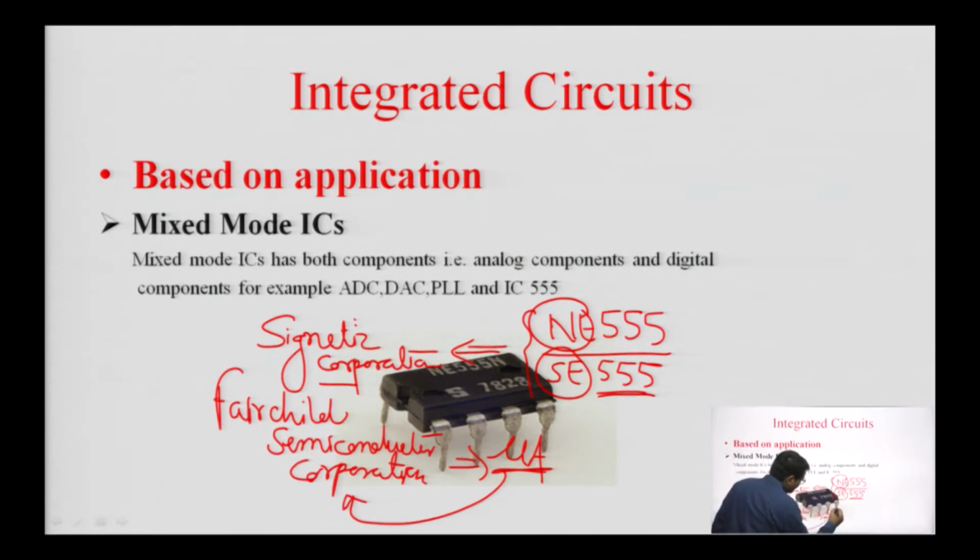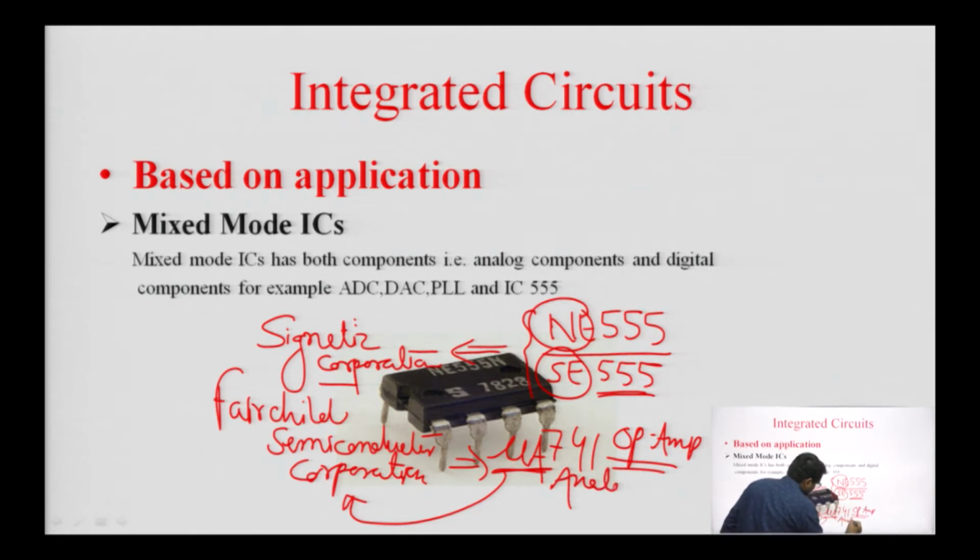Okay, mu A 741. IC 741 is popularly known as OP-amp, operational amplifier. This is not part of mixed mode IC, this is part of analog IC. Here we only discuss the significance of SC, NE and mu A.